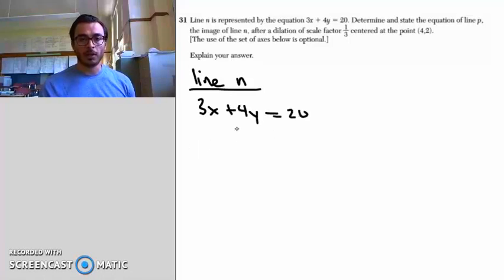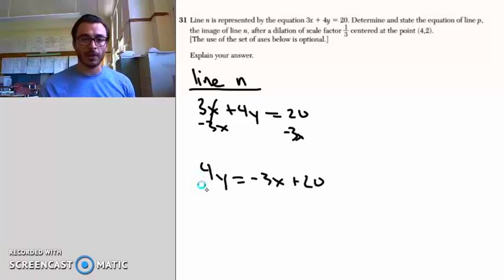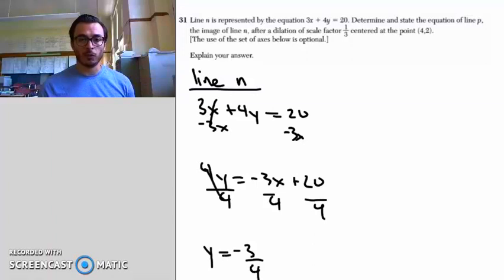If you put this in y equals form, you get 4y equals negative 3x plus 20, and then dividing by that 4, we get y equals negative 3 over 4x plus 5. So that's the equation of line N.